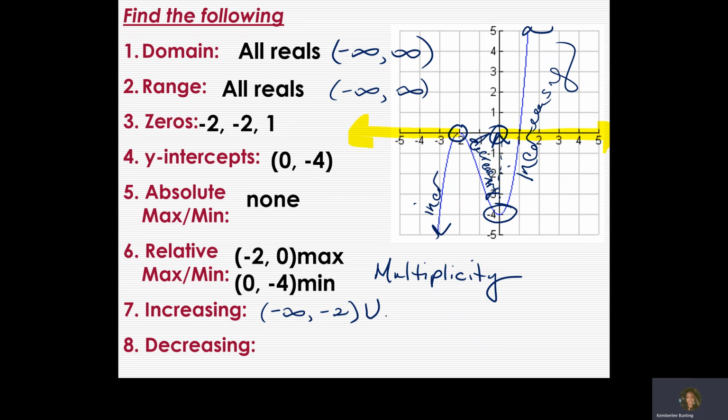This little funky U means union. Remember we talked about that yesterday? So you're going to put union with the other interval, which is going to be 0 to positive infinity. Not the -4. We use the x values to name our intervals, okay?